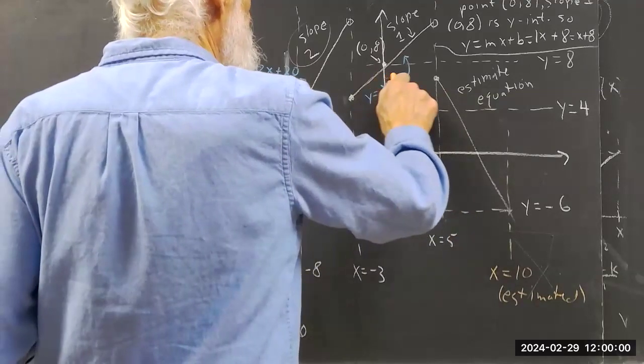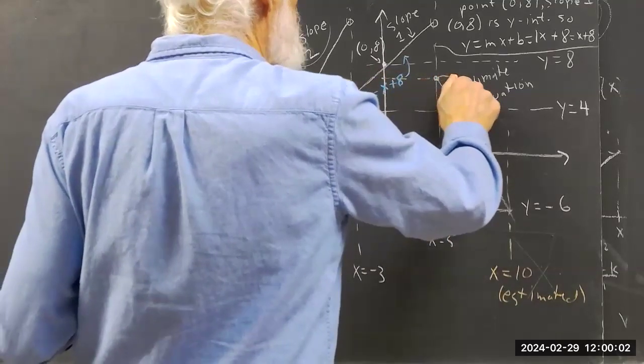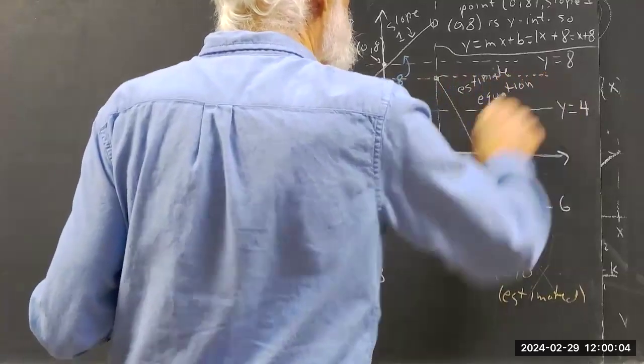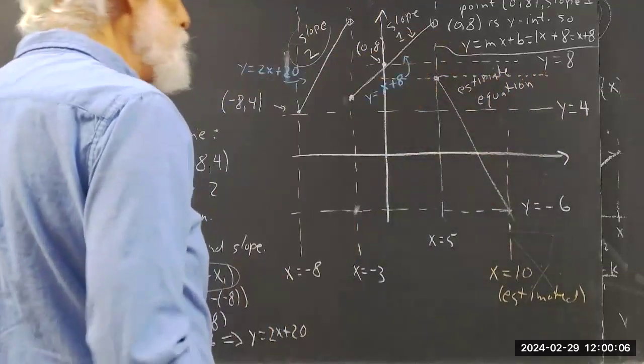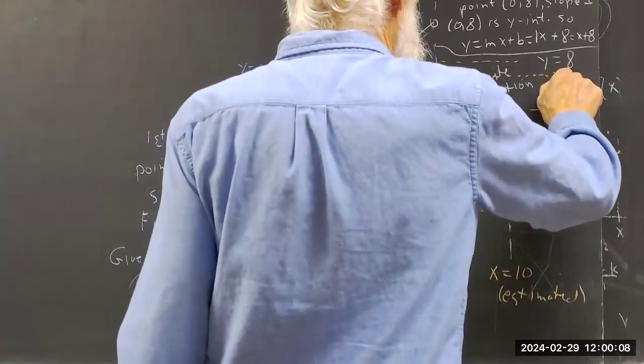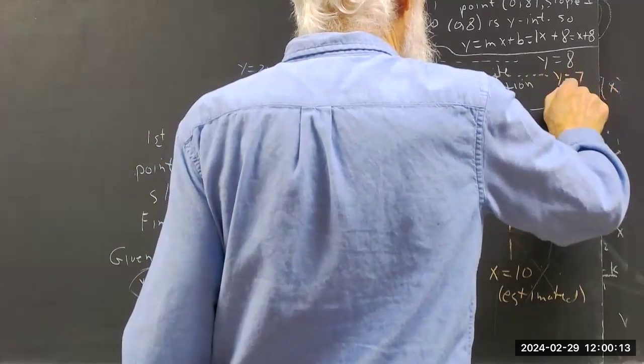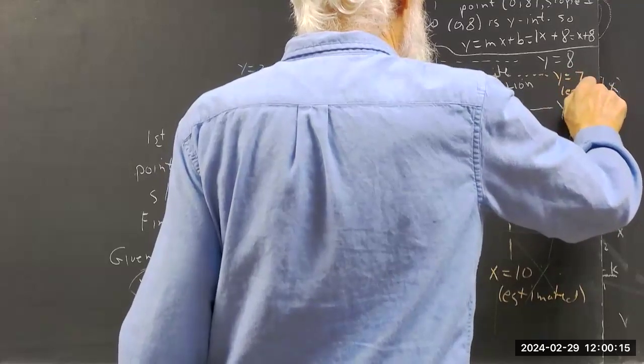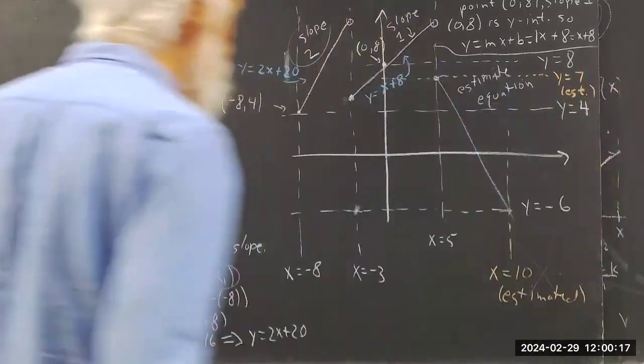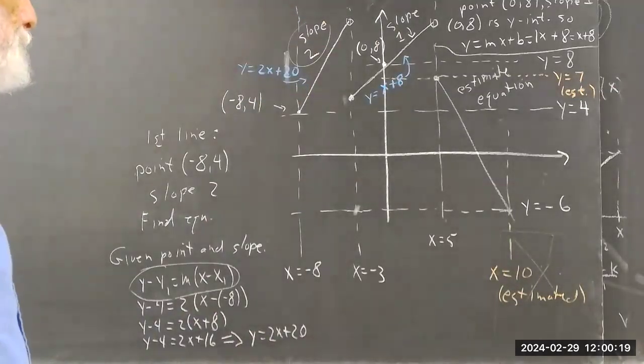And this is 4 and this is 8. I'm going to say that's maybe y equals 7. I think it's a little less than 7, but I want to use whole numbers. I'm also indicating that that's an estimate.